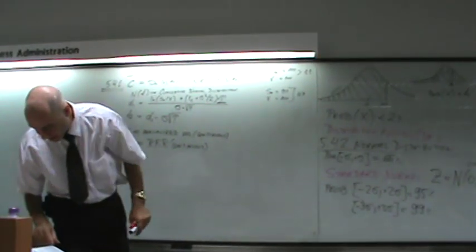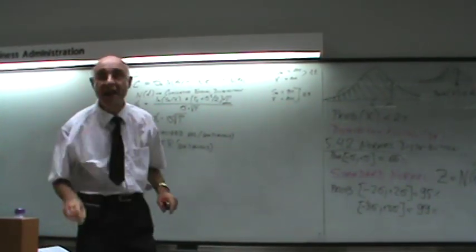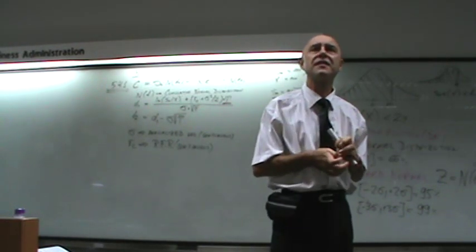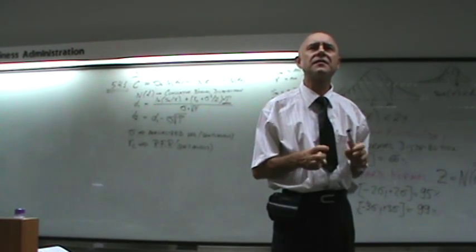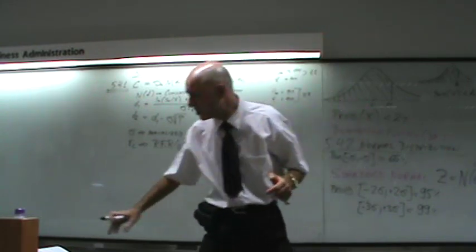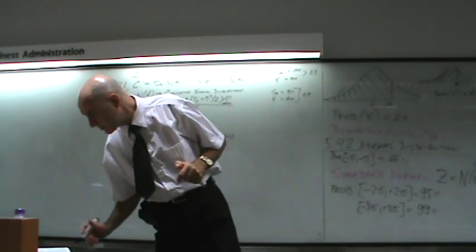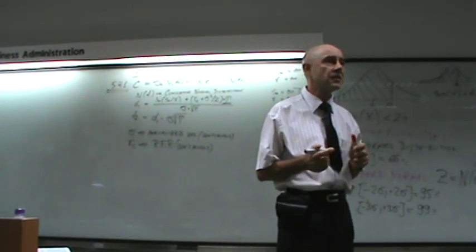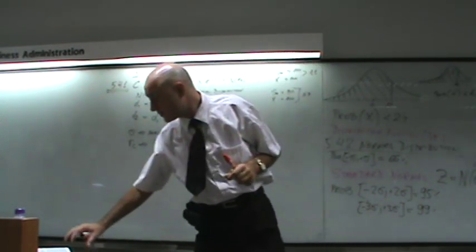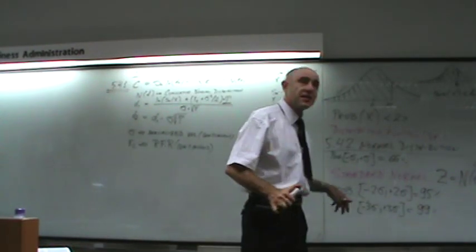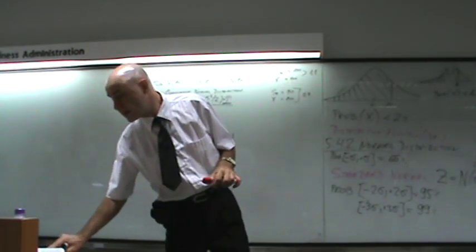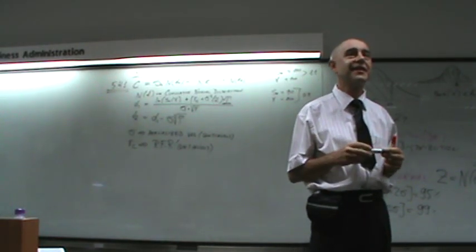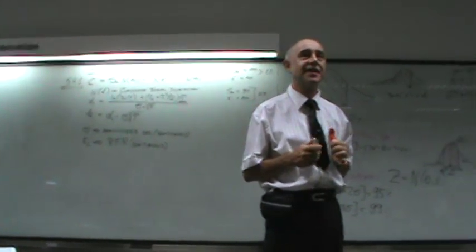What's the probability for 2 sigmas? What's the table saying for 2 sigmas? Anybody?